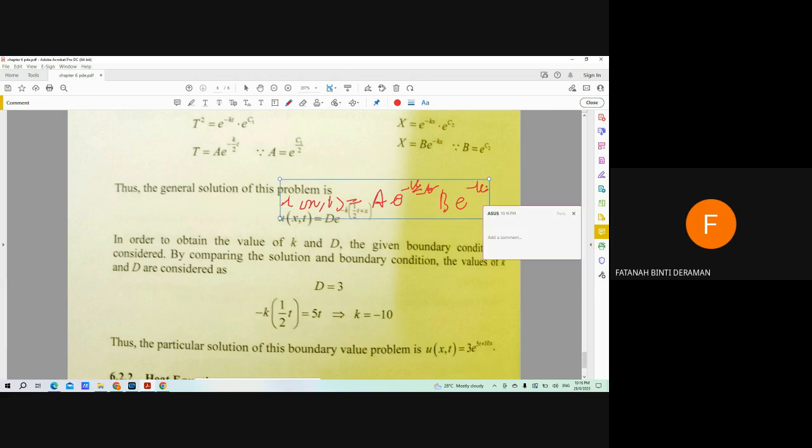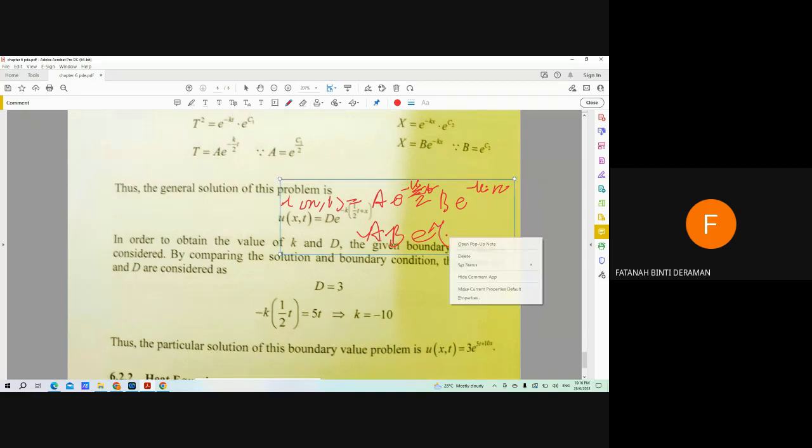Okay. And then you simplify A dot B and then e, you combine all together because there is a times, so you will get negative k over 2. And that's why you will get e to the power of negative k. So you will get this, okay.